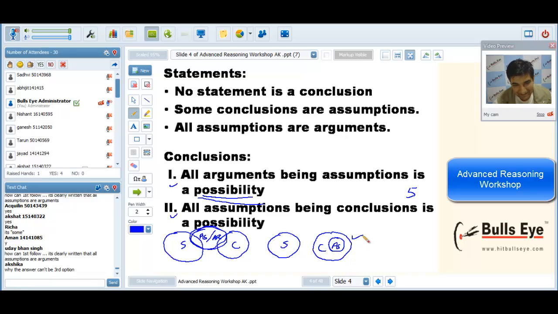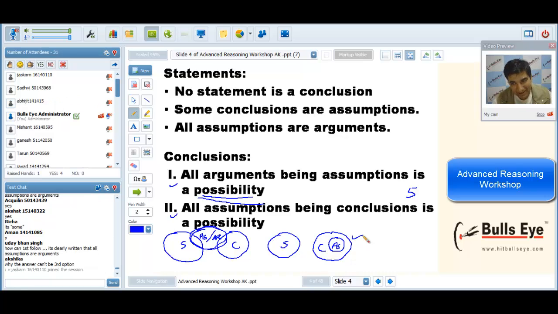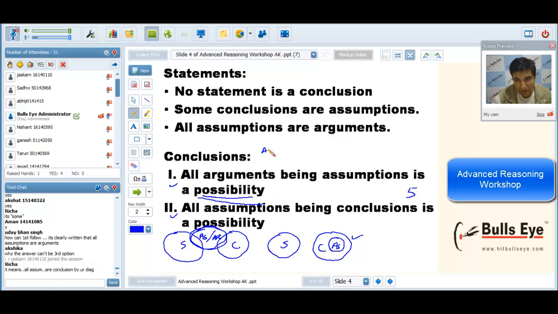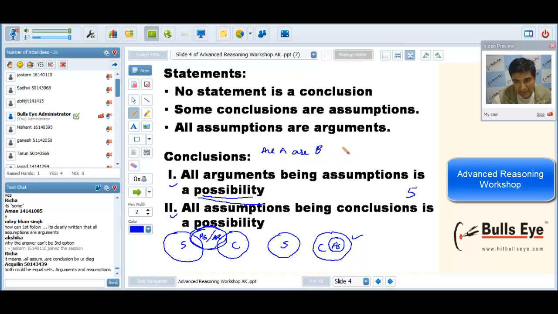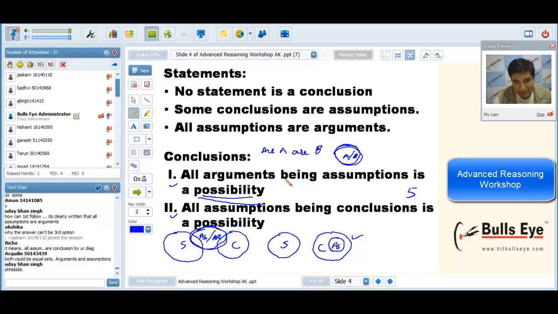Uday, it is clearly written that all assumptions are arguments, but we have a case in which, if I say all A are B, then we have a case in 1,000 where a single circle represents A and B. This is, I agree, not a general scenario, but it is a specific scenario.